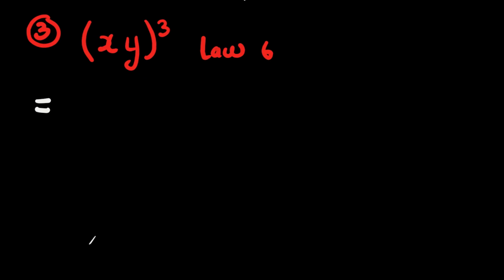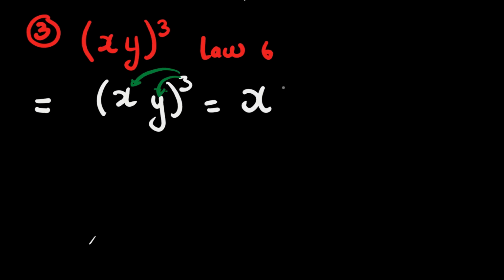Let me rewrite this: (x y) to the power 3. This exponent here would have to be distributed here. So our answer now would be x to the power of 3 and y to the power of 3, making this our final answer. And question 3 solved. Let's move to the fourth question.